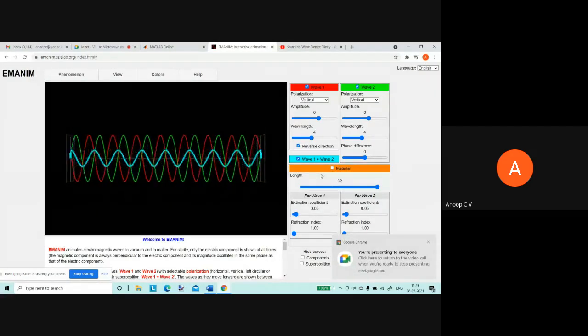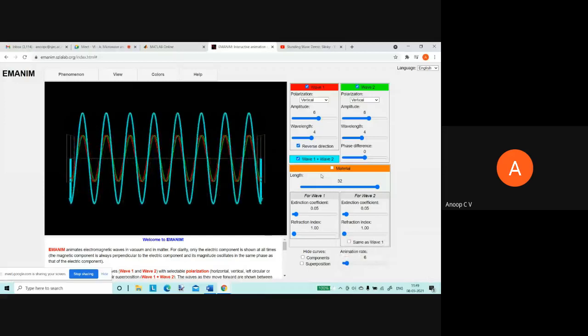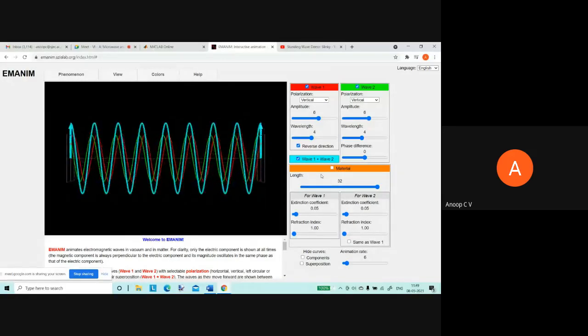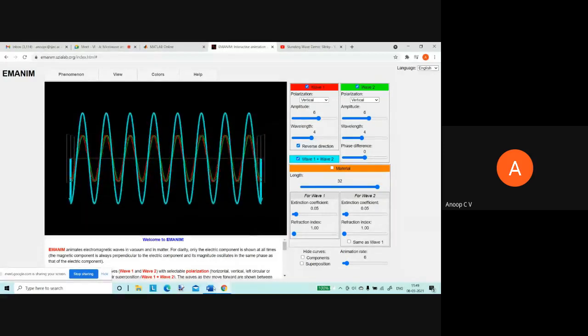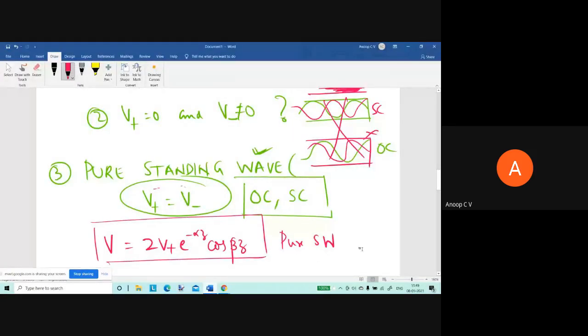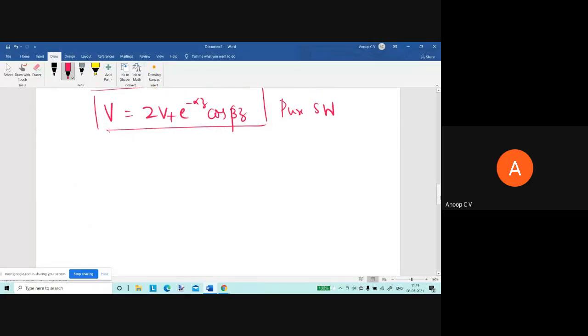The next topic is voltage standing wave ratio. With this discussion, we'll move on to the next parameter, that is the standing wave ratio.